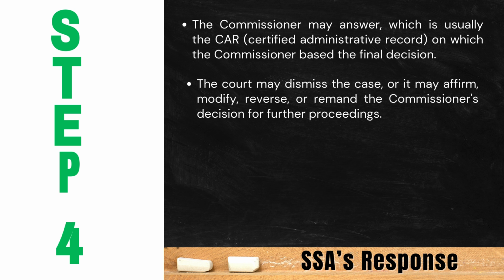The court may dismiss the case, or it may affirm, modify, reverse, or remand the commissioner's decision for further proceedings. For example, the court may send the case back to the Social Security Administration and require that the administrative law judge reconsider his findings and why he or she made such findings.